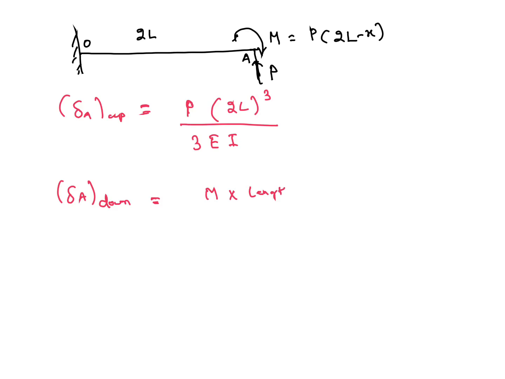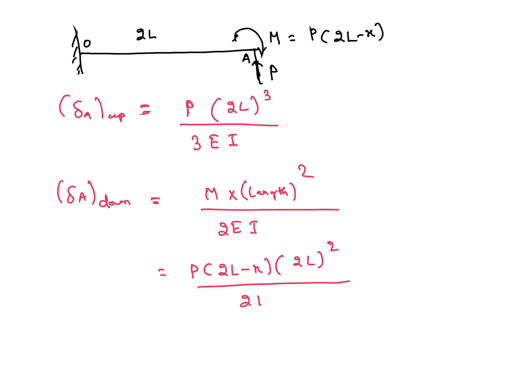Here length is 2L. Moment value we will put P into (2L minus X), into length is 2L square, then 2EI. Let this is equation 1, this is equation 2. And equation 1 equal to equation 2 for our condition displacement at A equal to 0.